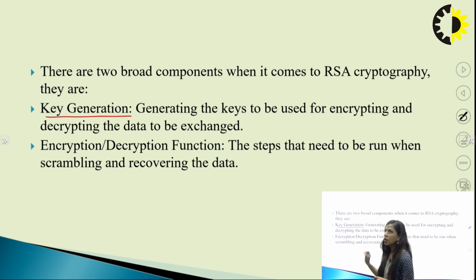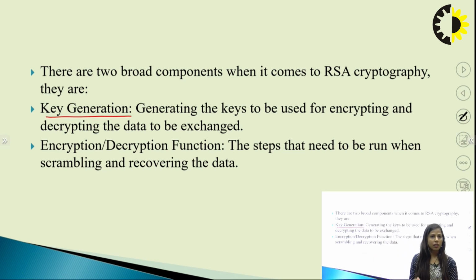For encryption and decryption we use a public key and a private key, so the first task is generating the keys, meaning how we get the values of the keys.